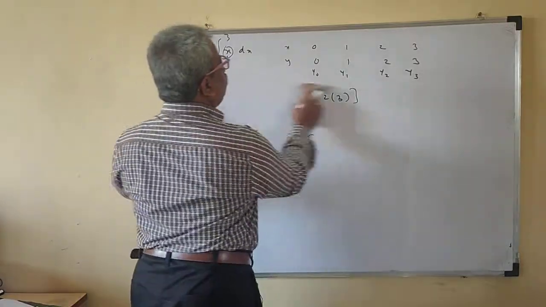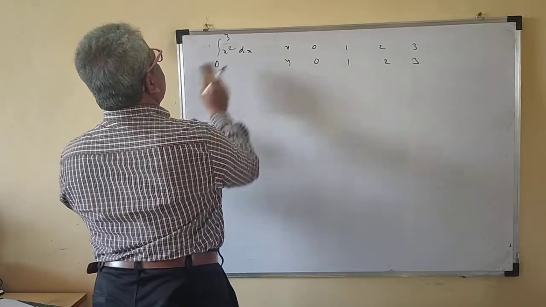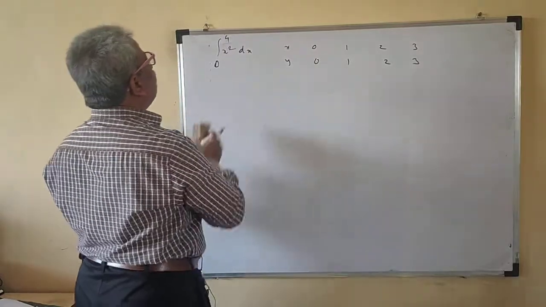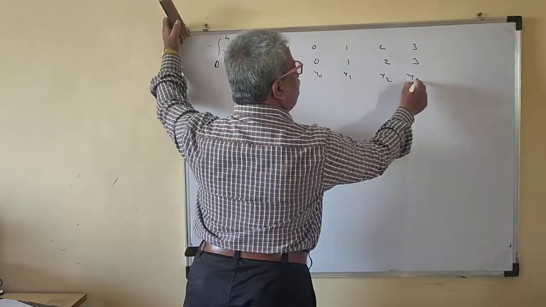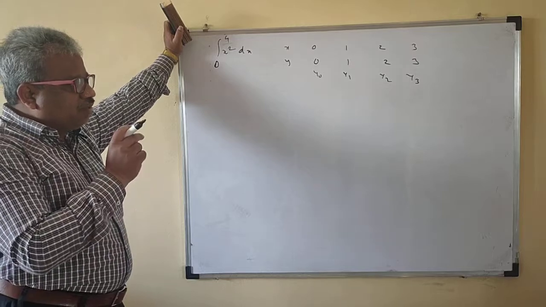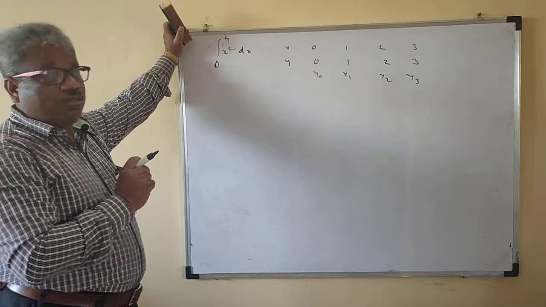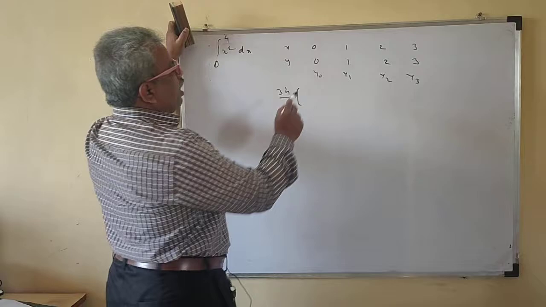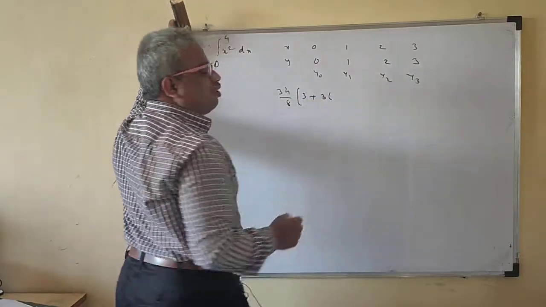Now suppose there is x square, and this is from 0 to 4. Suppose 0 to 4. We are doing the practice. This is your y0, y1, y2, y3. That means this is solvable. You can solve this integration with the help of Simpson's 3/8 rule also. So this is 3h by 8 times y0 plus y3, plus 3 times the ordinates whose suffixes are not multiples of 3.